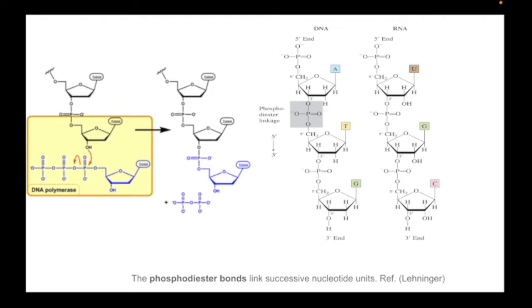So in DNA and RNA, nucleotide monophosphates are present. And the polarity of DNA and RNA is 5' to 3'. Always a nucleotide attaches at the 3' end and the chain grows from 5' to 3' direction.